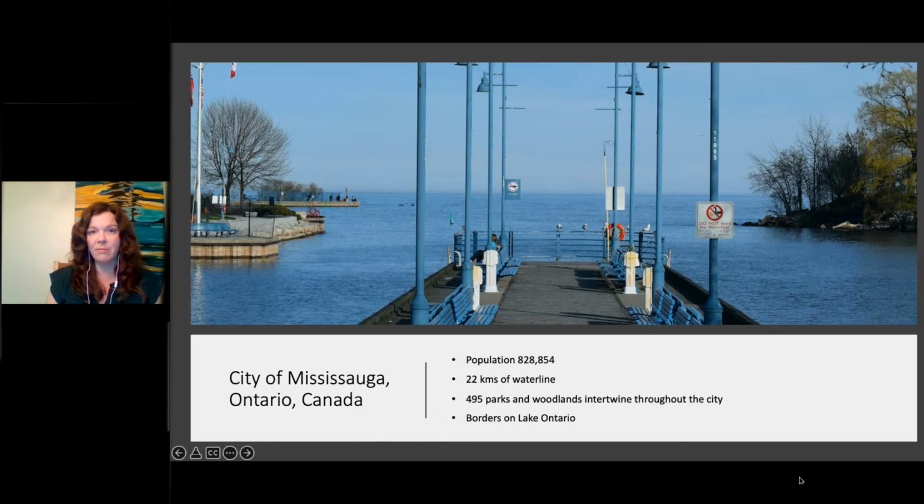A lot of parks, we have woodlands, green spaces throughout the city, and in general, it's quite a developed city, pretty built out. It was built over a relatively rapid period of time, about 30 to 50 years ago. So pretty built out, not a lot of new development, but quite a bit of retrofitting and infill development.